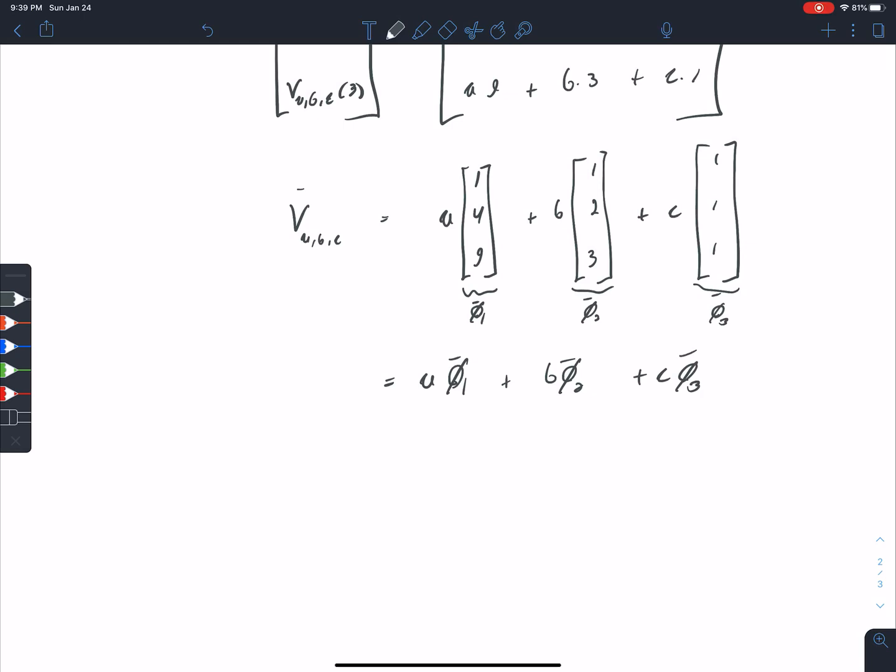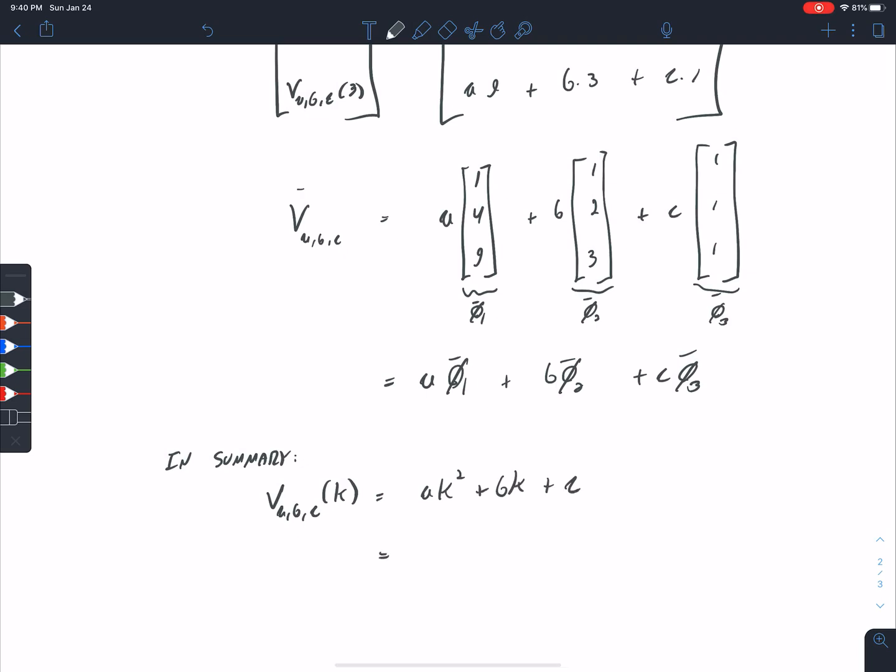Or in other words, let's say our model is given as V_abc of k, and that's going to be a k squared plus b k plus c.